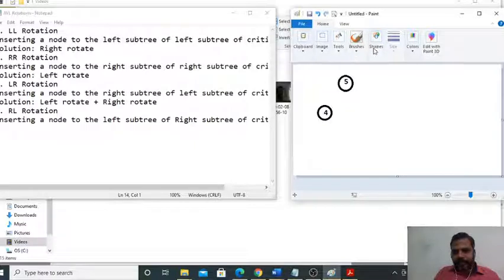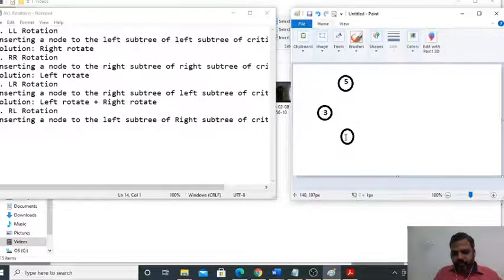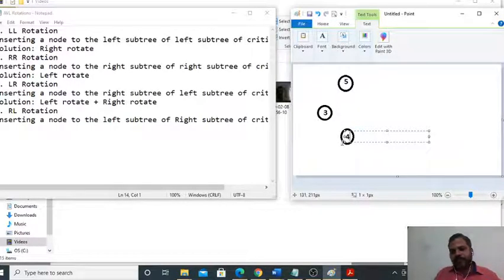I'm adding another node. The value of this will be, you can make it as 3. Here we can make it as 4.